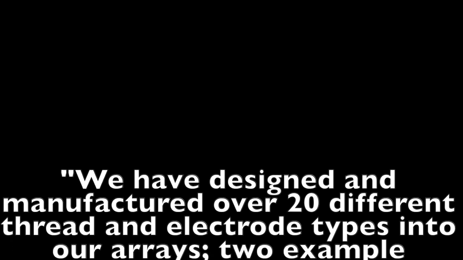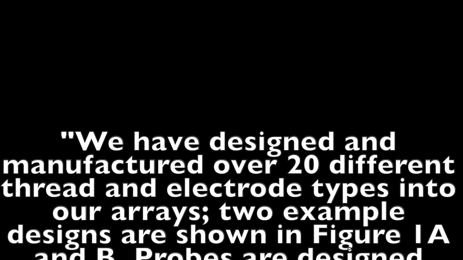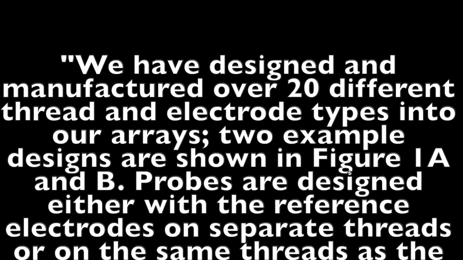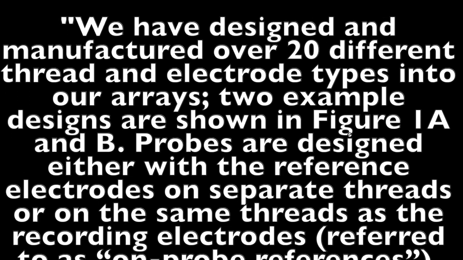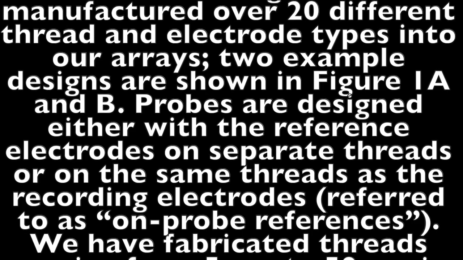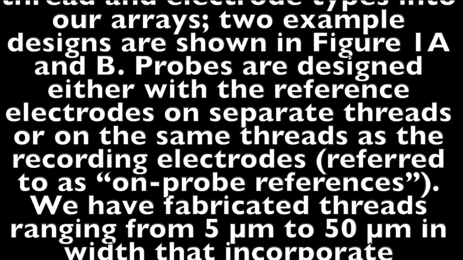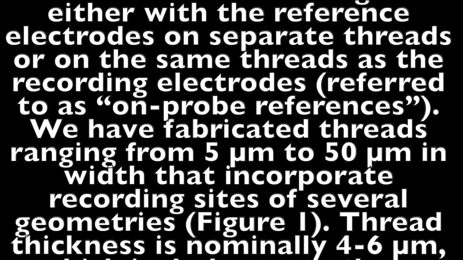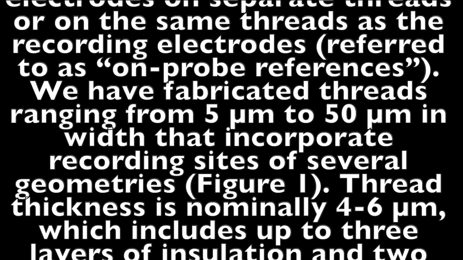We have designed and manufactured over 20 different thread electrode types in our arrays. 2 example designs are shown in Figure 1A and B. Probes are designed either with the reference electrodes on separate threads or on the same threads as the recording electrodes. We have fabricated threads ranging from 5 micrometers to 50 micrometers in width that incorporate recording sites of several geometries.